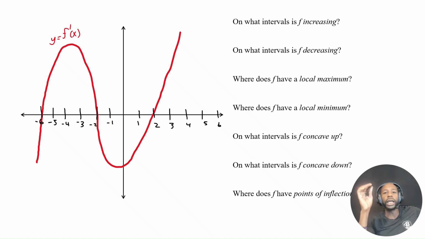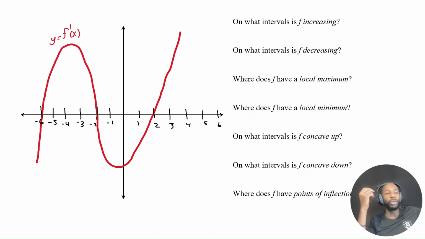All right, so if you look at this curve here, what we have is a graph of the first derivative of some function f. The key with these kinds of problems is keeping track of what you're looking at. Again, this is not a graph of f. This is a graph of f prime, the first derivative.